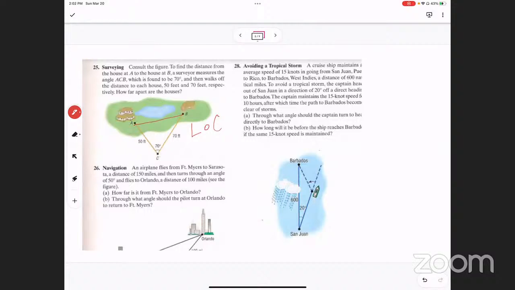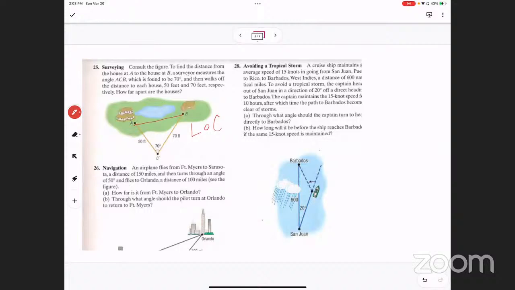Here's a more standard type of boat problem. So number 28, let's do this one. A cruise ship maintains an average speed of 15 knots going from San Juan, Puerto Rico to Barbados, West Indies, a distance of 600 miles. I don't know if we need 15 knots. That's probably just extra information. We'll see.